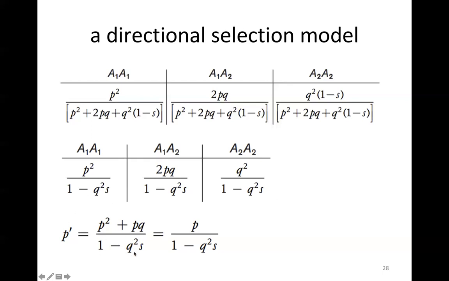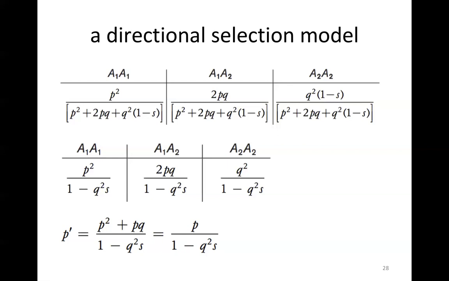And again, divided by the same denominator, we get P divided by 1 minus Q squared S. How this can be simplified to just P, again, you should be able to derive. And if you cannot, you can of course ask, but please think about it for a couple of minutes, and it should be straightforward. You can also discuss with your friends, of course. Okay, so P prime is P divided by 1 minus Q squared S.